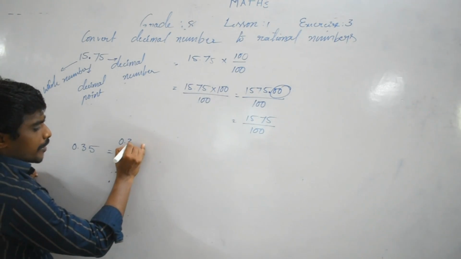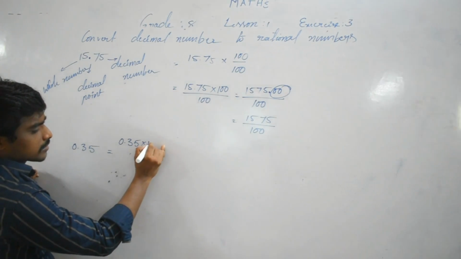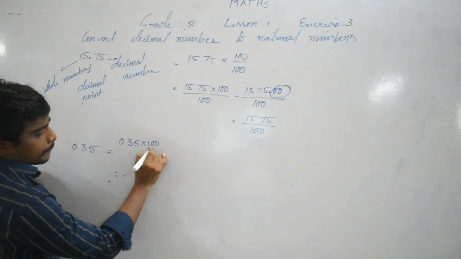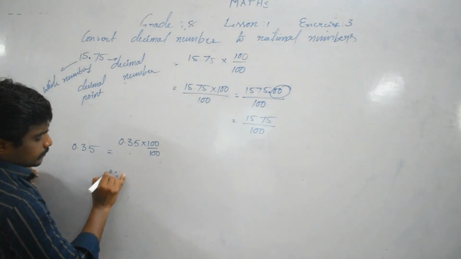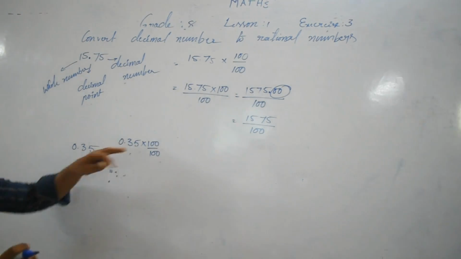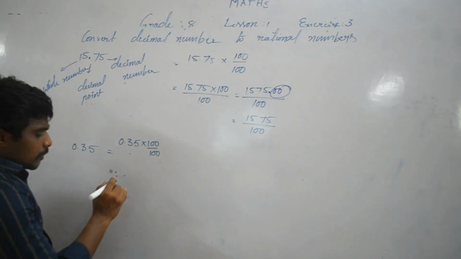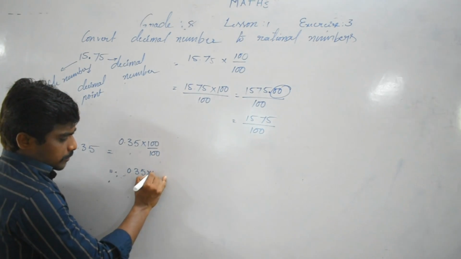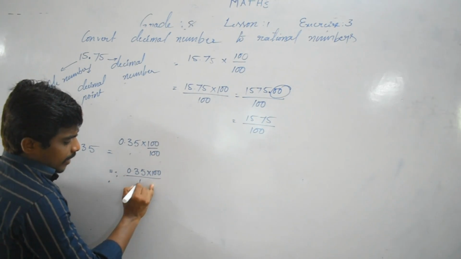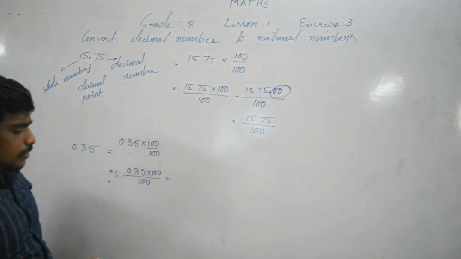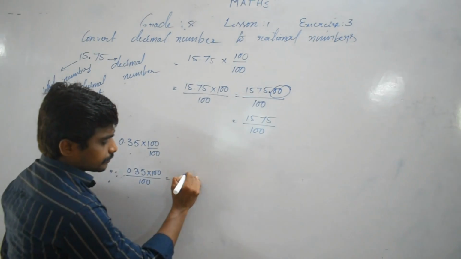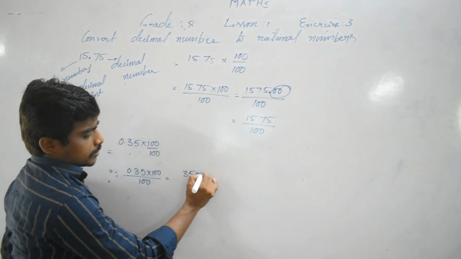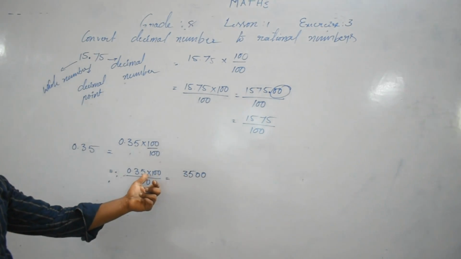So 0.35 times 100 by 100. 1 5s are 5, 1 3s are 3, and 2 zeros.